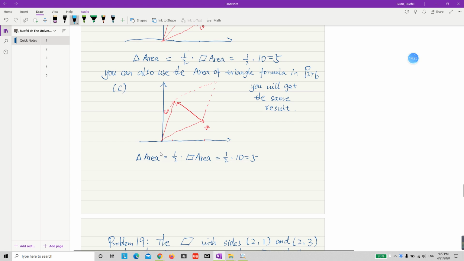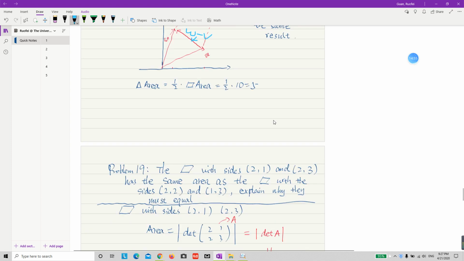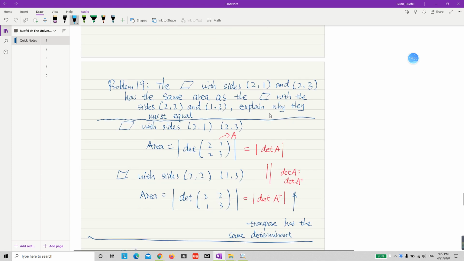And next is to find the area of the triangle formed by W, V, and W minus V. So this is W minus V, this side. And this area is also equal to half of the area of the parallelogram, so it is 1 over 2 times 10, so it's 5.